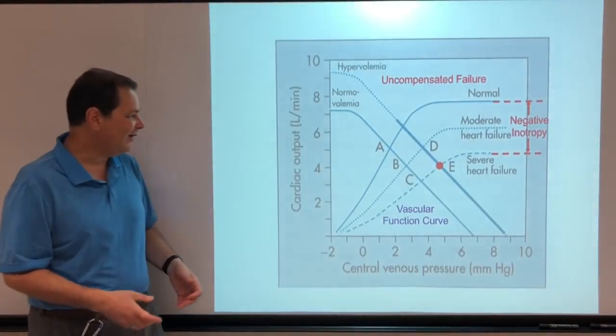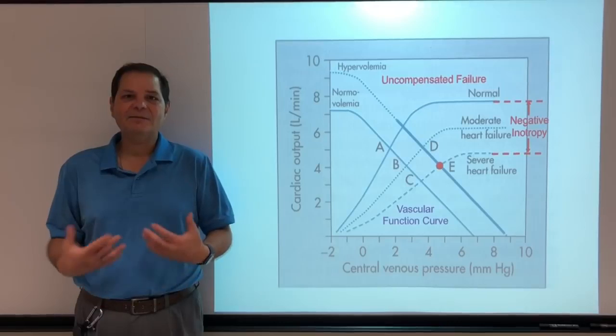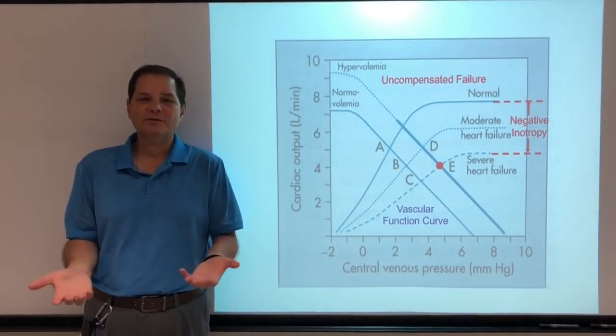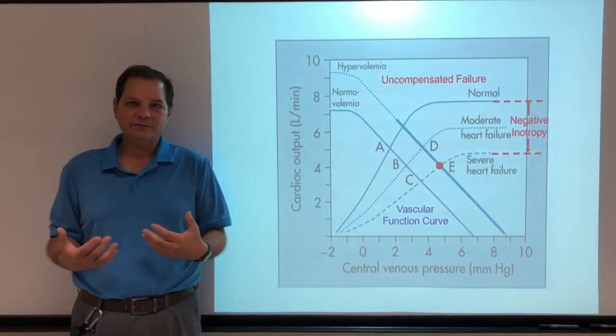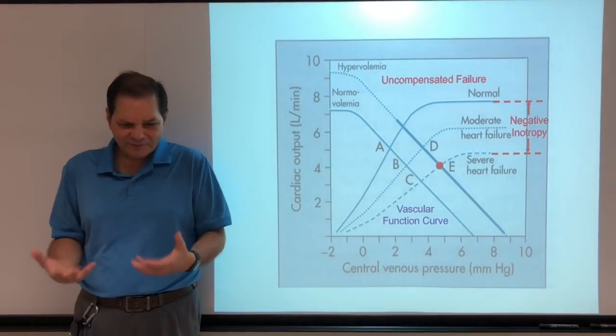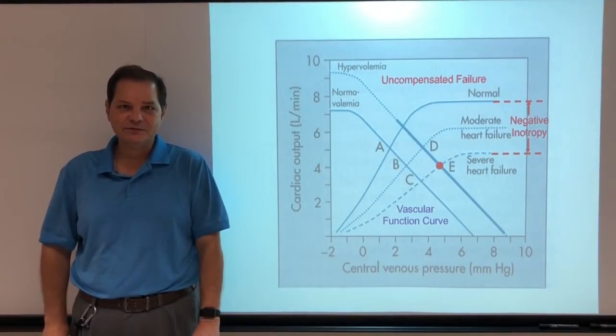Now, as you know, high venous pressure means high mid-capillary pressure. High mid-capillary pressure means more filtration relative to reabsorption in your capillaries. That means fluid accumulates in your tissues, and you get edema. She can't fit into her shoes.